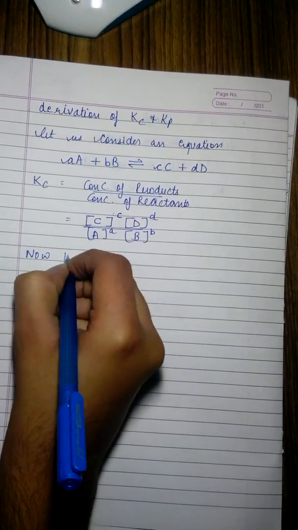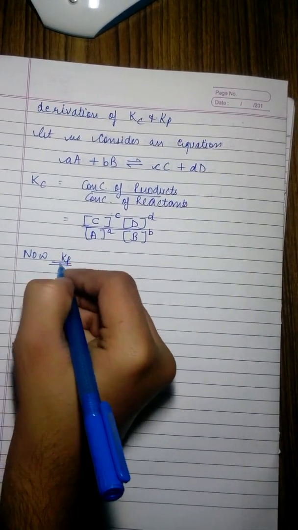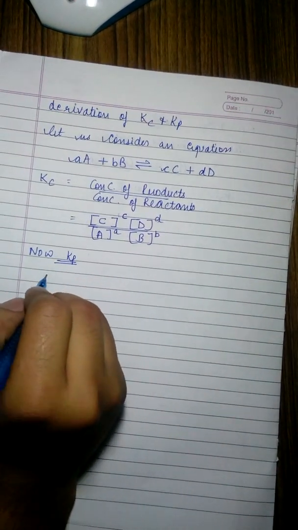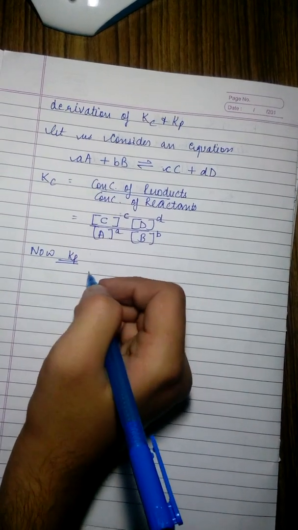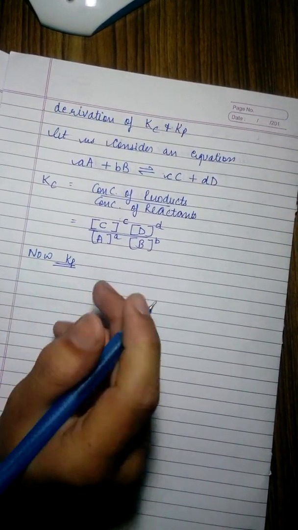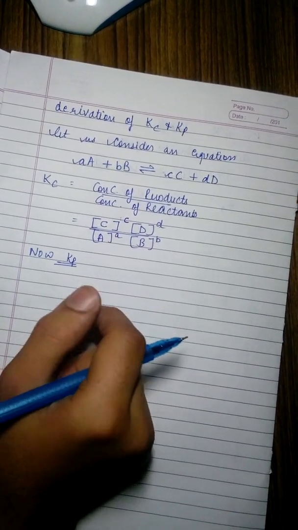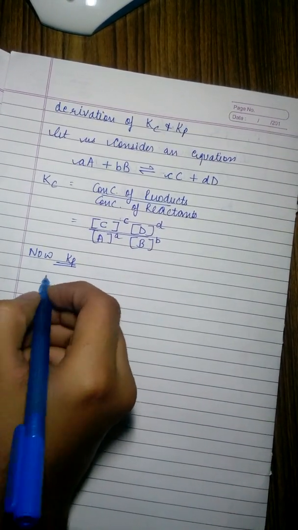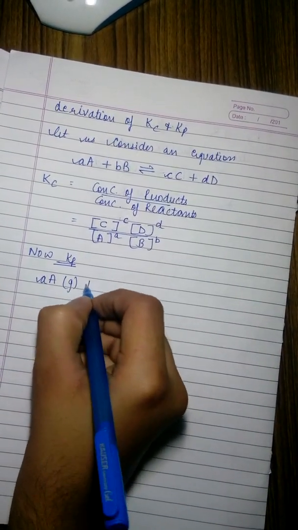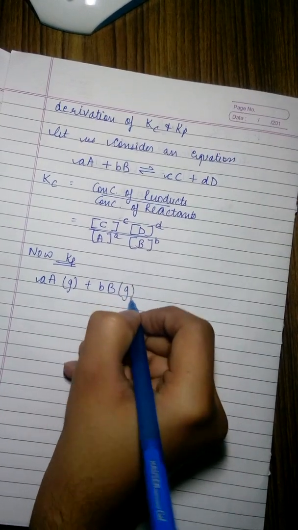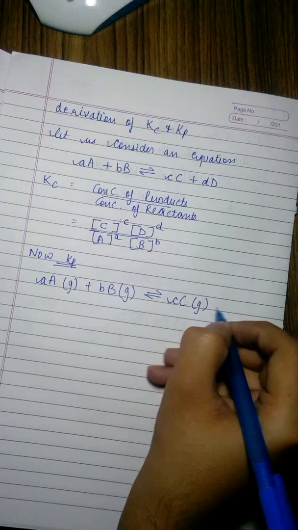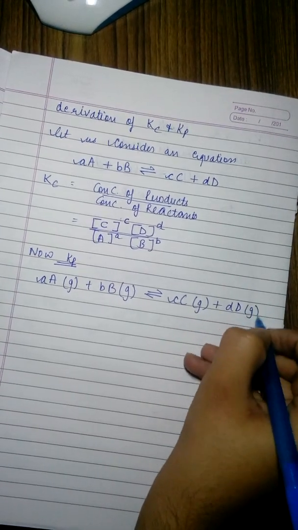Now Kp. Kp is only for gases or aqueous, that is ions. For solids and liquids it is 1. Consider an equation aA in gas, bB which is also a gas, cC gas, and dD which is also a gas.